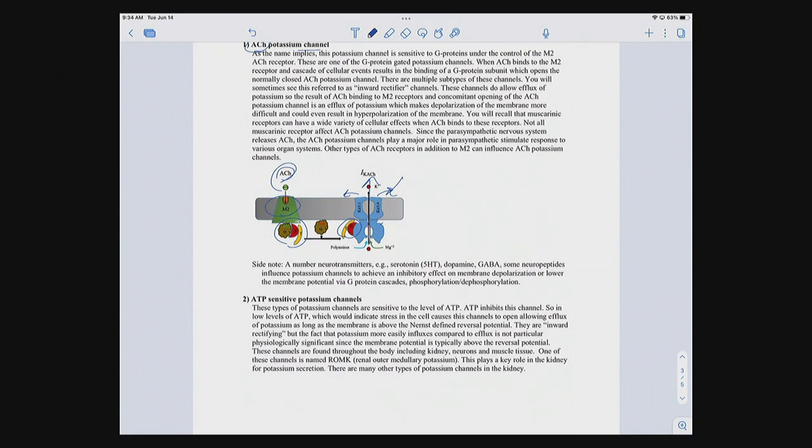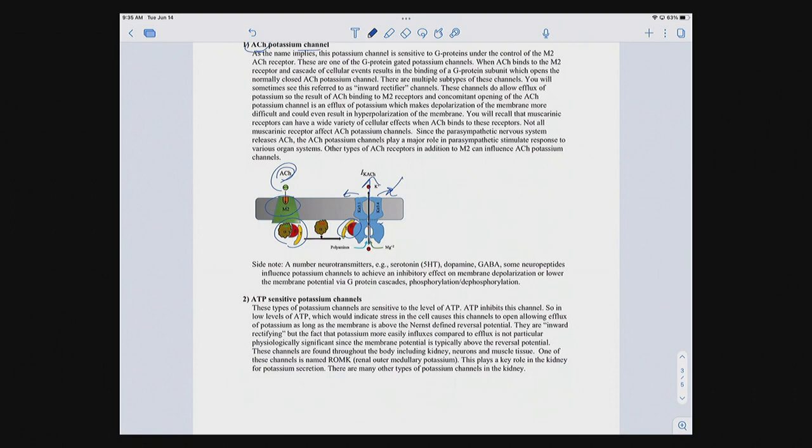So we have classic ionotropic receptors for sodium, for calcium, and for chloride. You remember chloride, you have GABA. So GABA A type of receptors are chloride channels. GABA binds to it, it opens up.